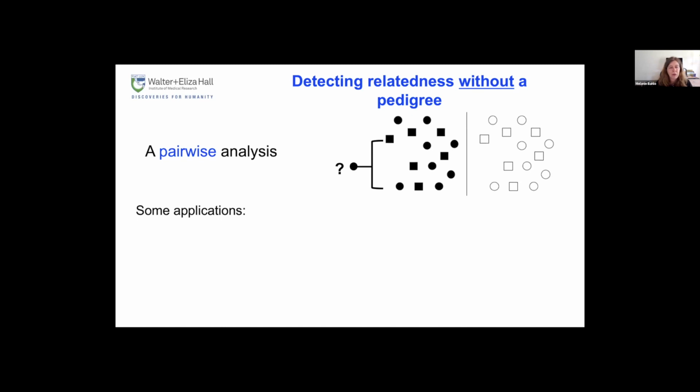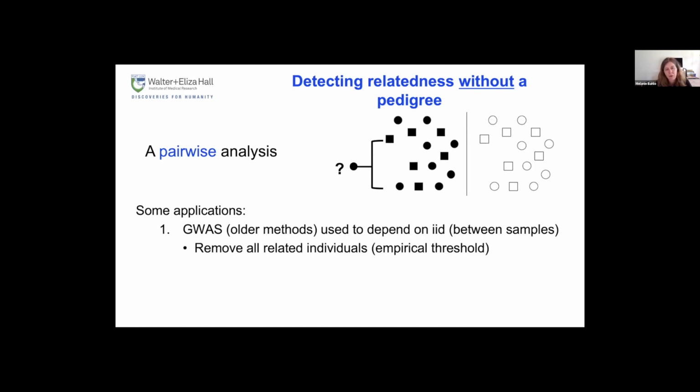And for GWAS analyses, especially for the pre-2015 GWAS methods, relatedness was actually a nuisance. And what you can do with GWAS cohorts is an analysis whereby in a pairwise manner, you take all your pairwise combinations of all your cases and control individuals and ask whether they may be related.